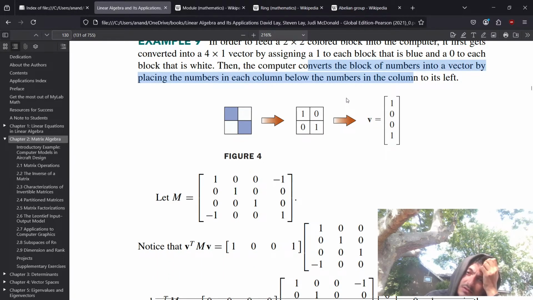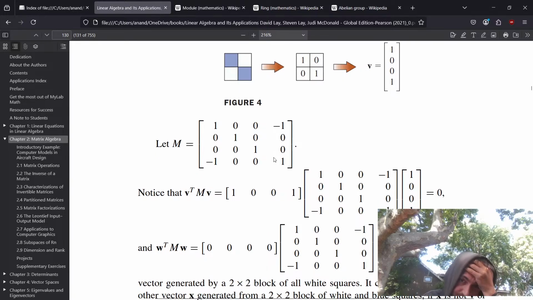Wait, is this? Oh, so this goes column. It's not row. It's the same though.